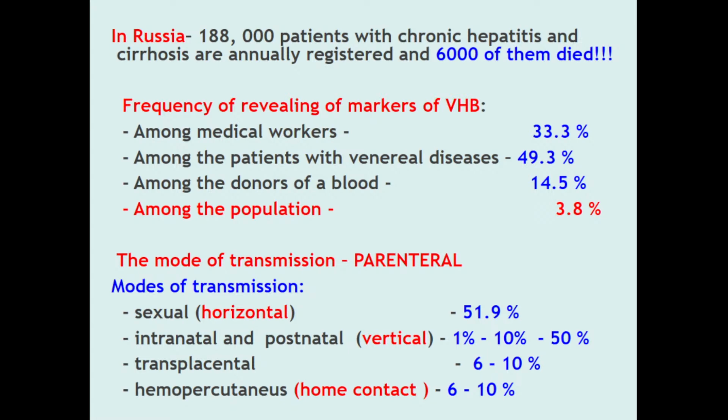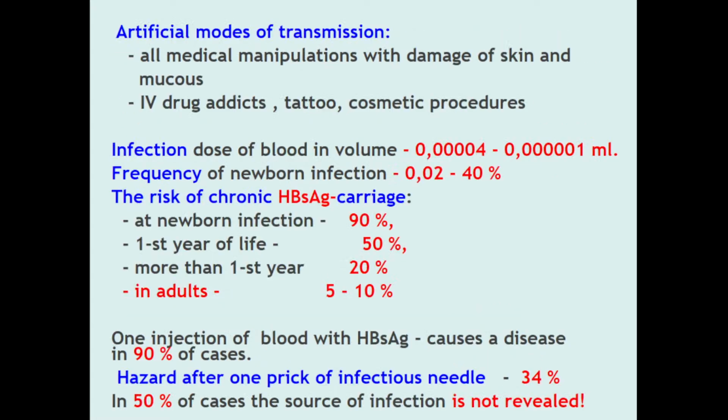So it's maybe sexual nowadays, mostly horizontal, more than half of all cases, almost 52%. Intranatal and postnatal, vertical, 10 to 50%, it depends. Transplacental, 6 to 10%. Hemipercutaneous, home contact, yes, it's almost contact household, 6 to 10%.